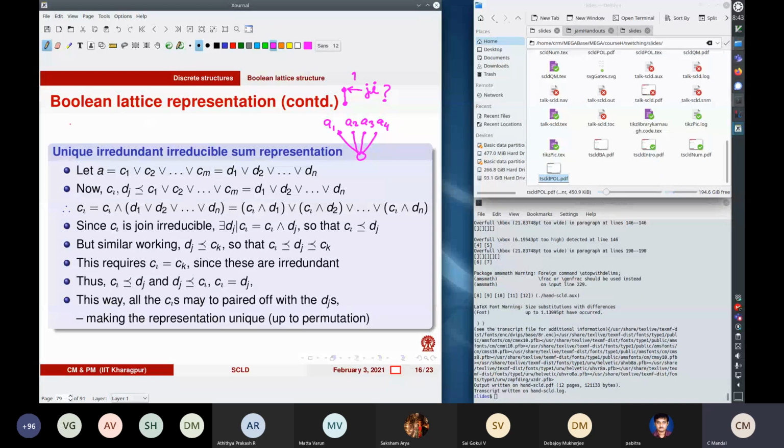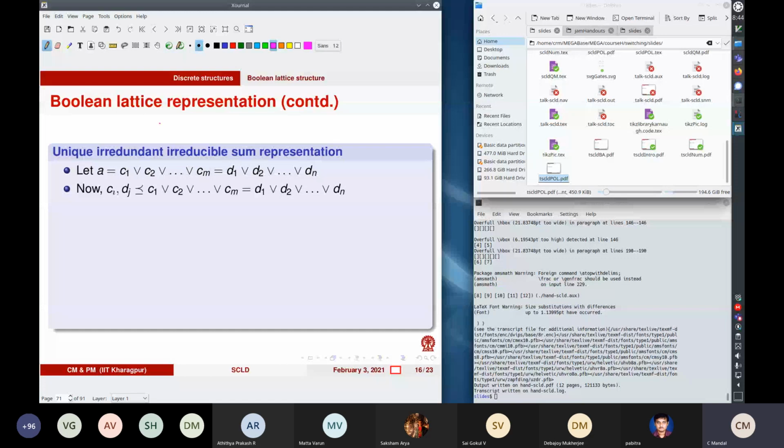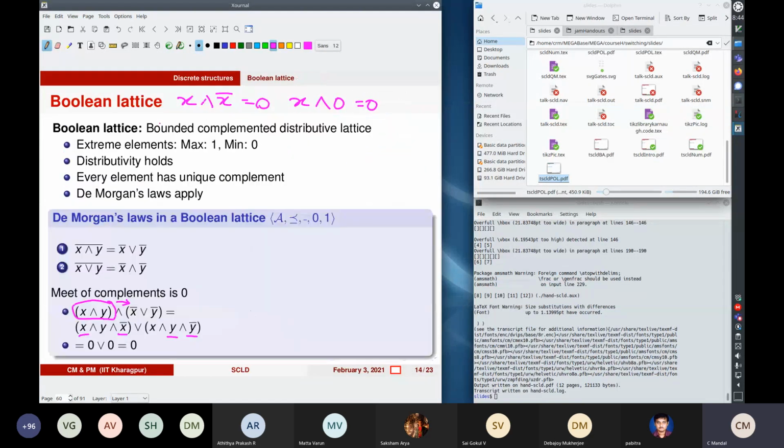So what is a Boolean lattice? First of all it is bounded, it is complemented, and distributive.